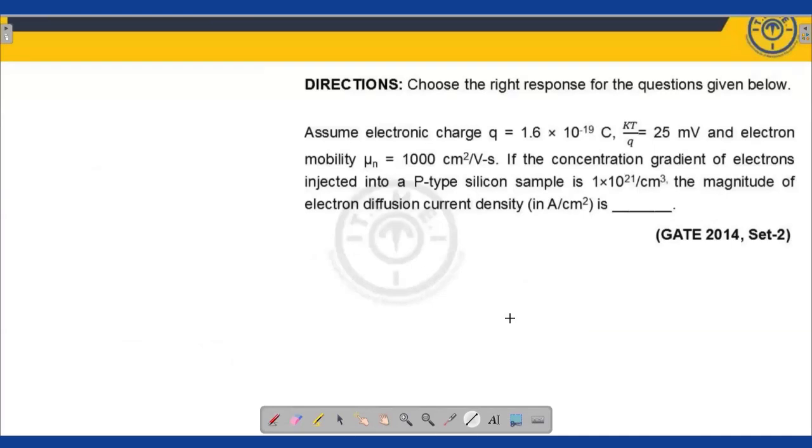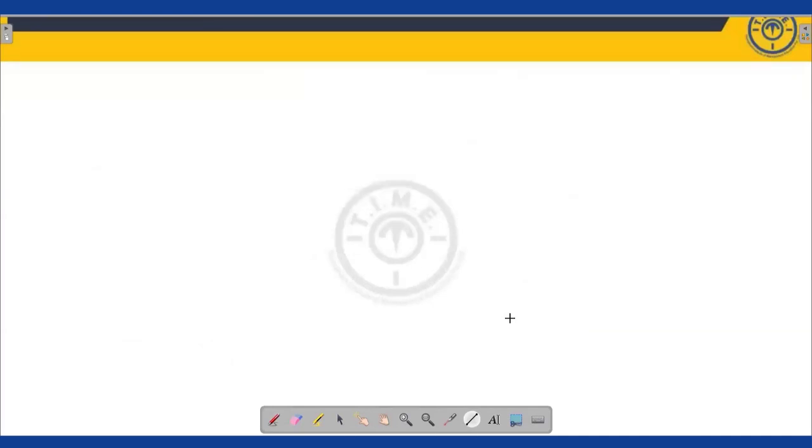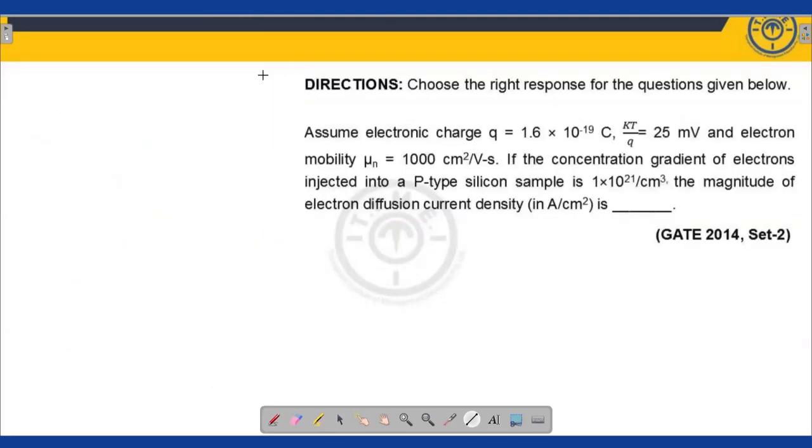my dear students, next question. This is question number 18 coming into the picture. Now, my dear friends, in this particular question, he has given the electronic charge, and he is asking for the magnitude of the electron diffusion current density.